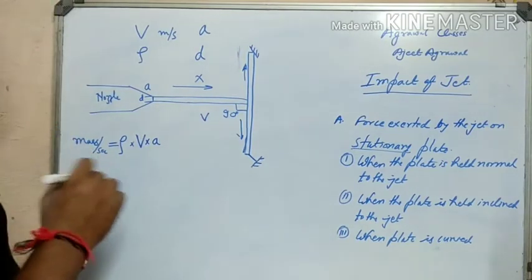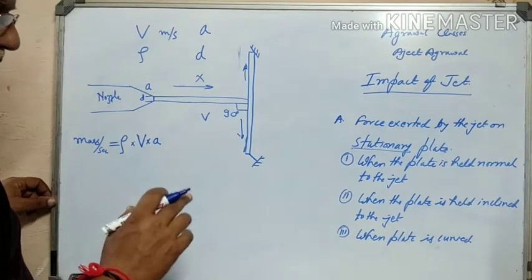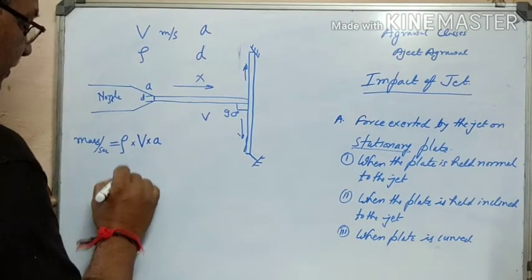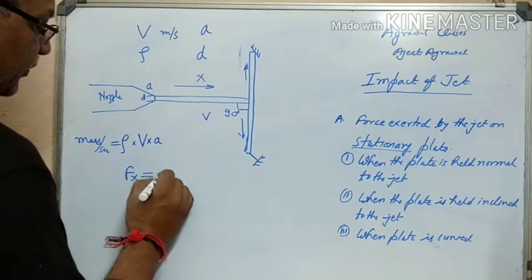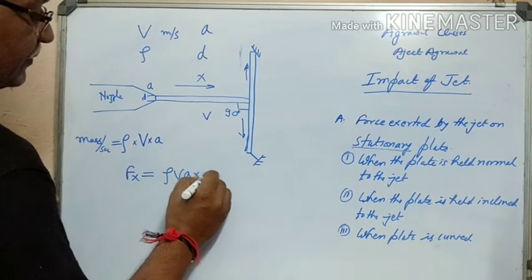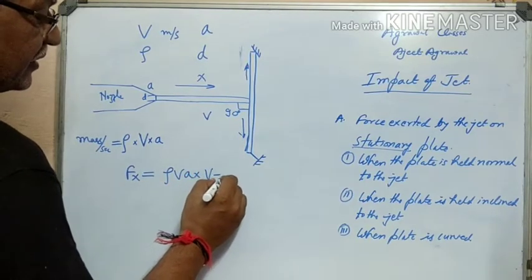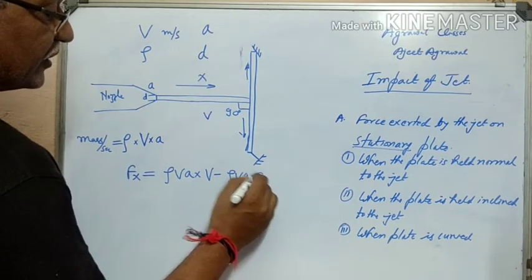So we will calculate the change in momentum, that is, the impulse law will apply. The force exerted in the x direction equals mass times initial velocity minus mass times final velocity.